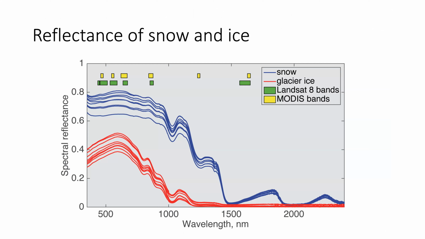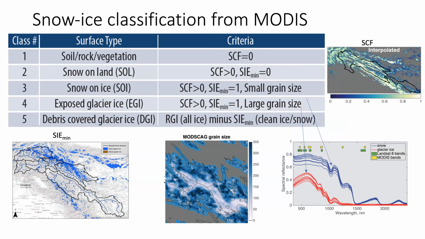Let me rephrase. There's a larger grain size retrieved from ModScag for glacier ice than for snow. We used this information along with the permanent snow and ice maps I showed a few slides ago, in combination with the Landsat map classes from Medina to separate classes using daily MODIS data.